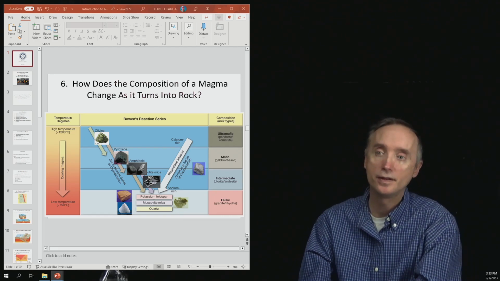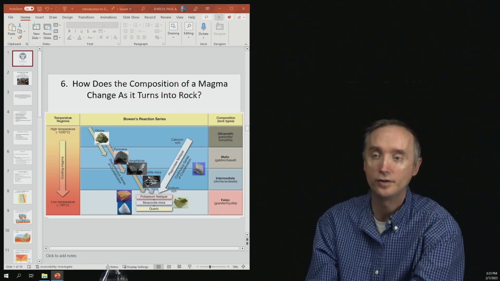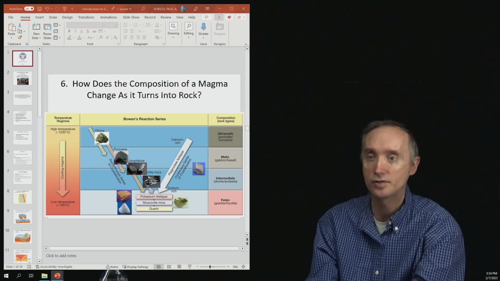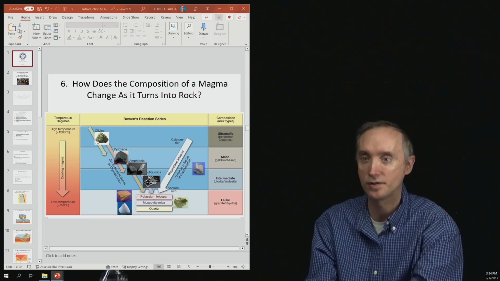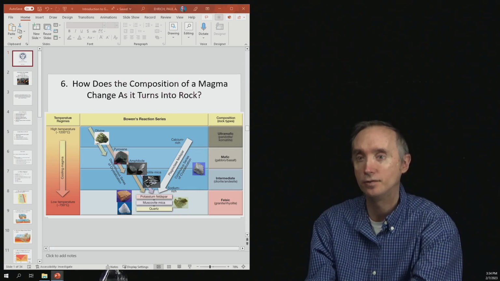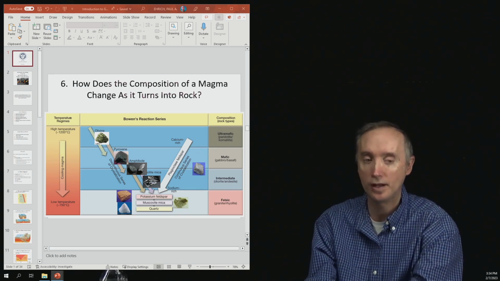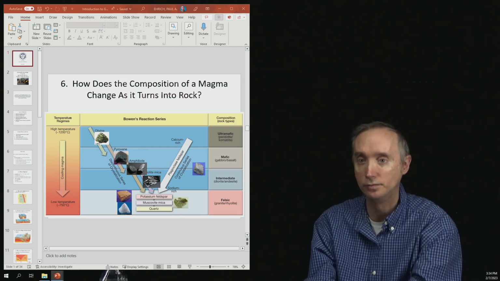Then the next thing that's going to happen is, again, if we cool off this melt very slowly, the pyroxene would begin to dissolve and reform as amphibole. And again, some of the calciums would come out of the plagioclase feldspar and be replaced by more sodium.